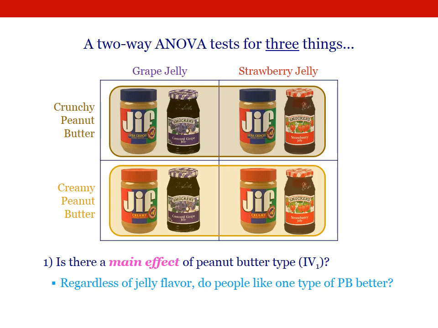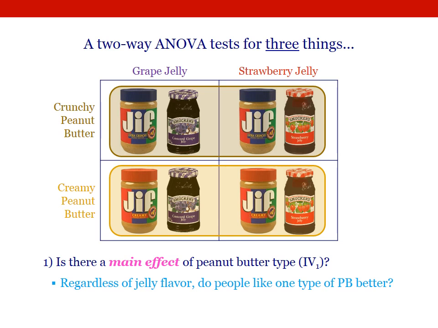We'll call them the crunchy group. Anybody who got creamy peanut butter, again, regardless of what kind of jelly they had, the creamy peanut butter people are all going to get lumped together into one group as well. So what we've essentially done here is taken our 4 groups and collapsed them down to 2. One group that got crunchy peanut butter, one group that got creamy peanut butter.